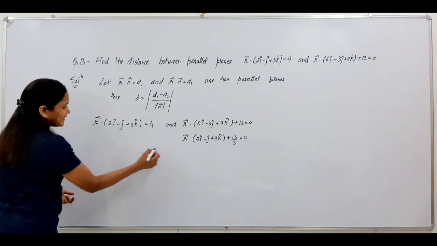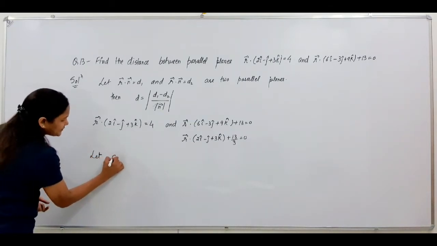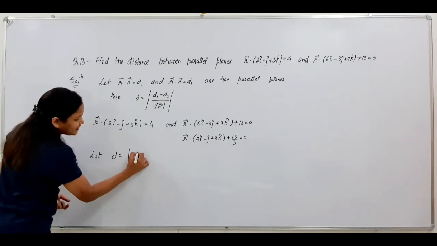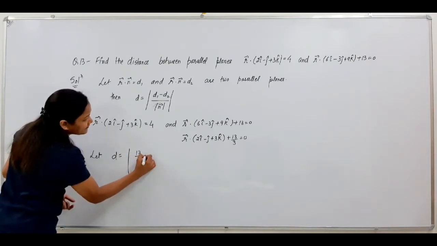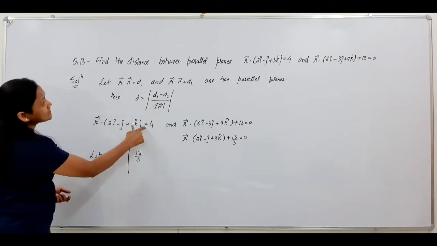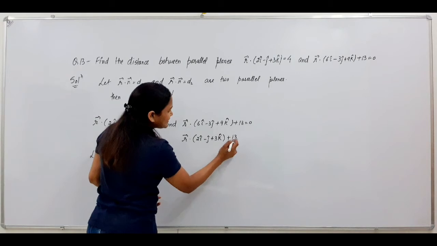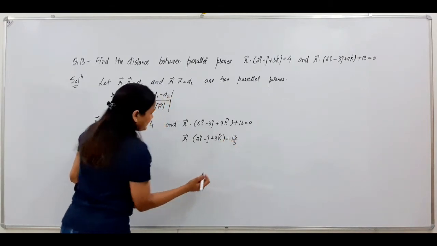So these are the two planes. Let d be the distance between them. Then distance between them is, 13/3. This is equal to 4 and this is equal to minus 13/3.